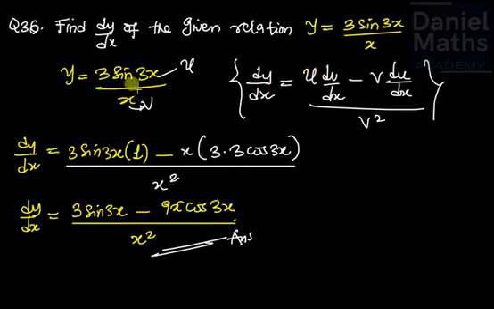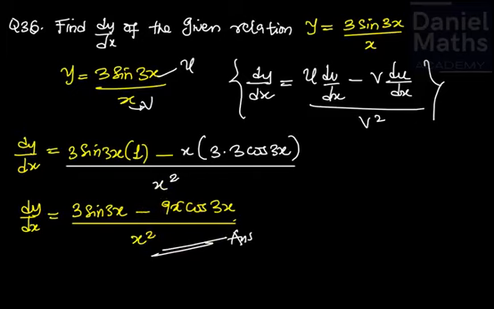If you differentiate x, you get 1, minus, and then our v is x, and if you differentiate 3 sine 3x, we get 9 cos 3x. So once you do your algebra, you end up having this. That's what we'll have here as our answer.